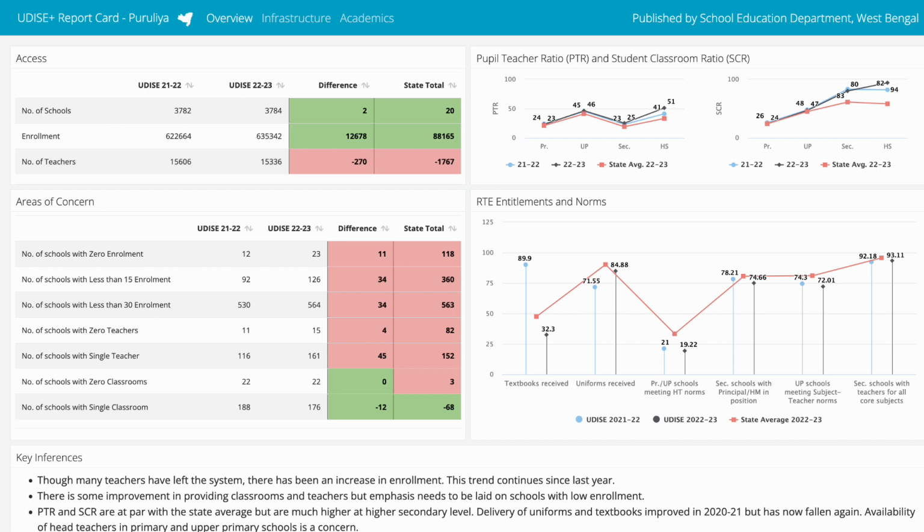It's easier to process the information when it is presented visually, because instead of putting everything in one table, you have the provision to segregate data into relevant categories. You see here, the data related to access is presented here, and areas of concern about enrollment and teachers is presented here. RTE entitlements go here, PTR and SCR go there. So everything is very neatly categorized, and where numbers and tables are important, you use that.